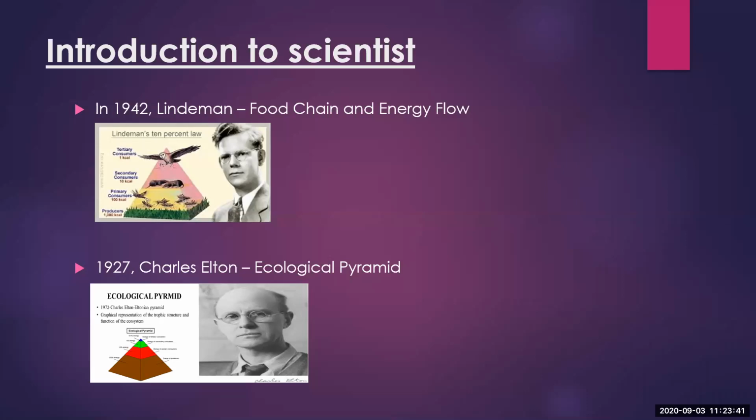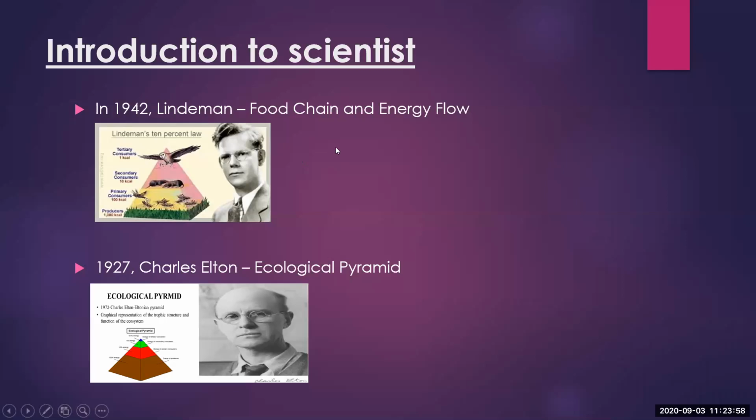What is the another name of this pyramid? Eltonian pyramid, as it was discovered by the scientist named Charles Elton in the year 1927. So these are the two scientists who studied the food chain and the ecological pyramid.